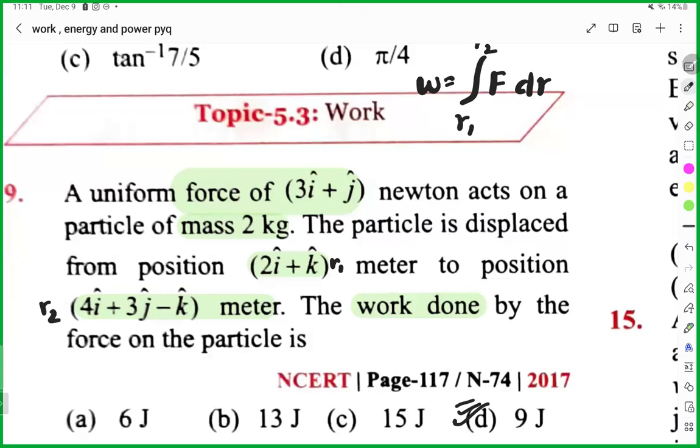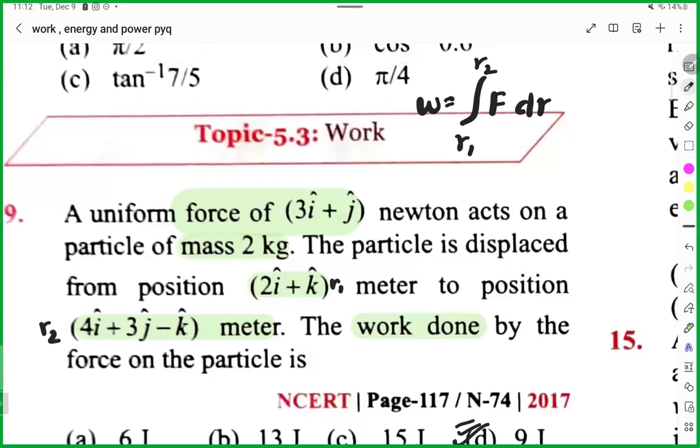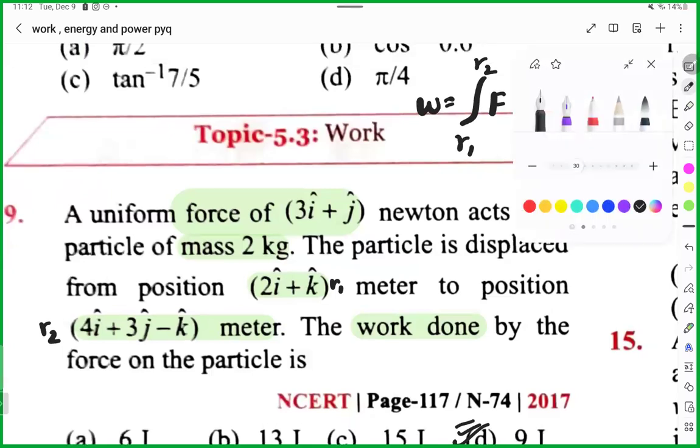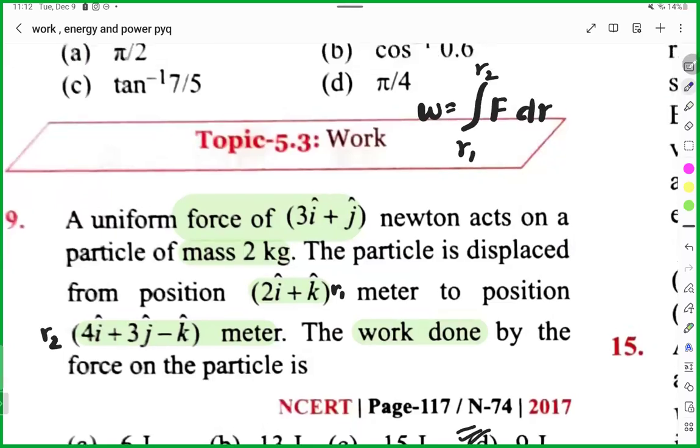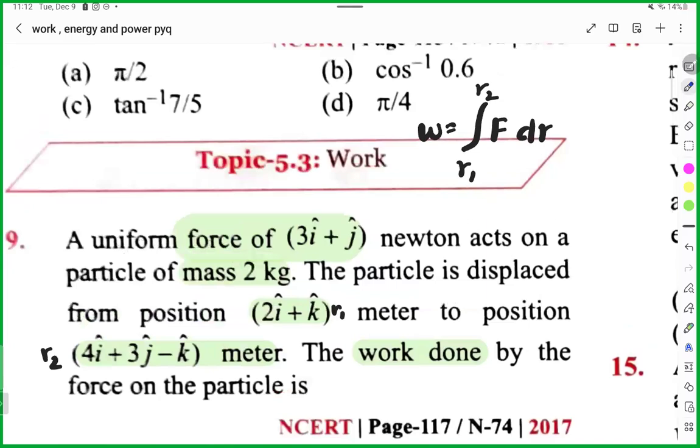Anvita and Barinder, can you explain once? Barinder, are you there? Yes, sir. What is your answer?